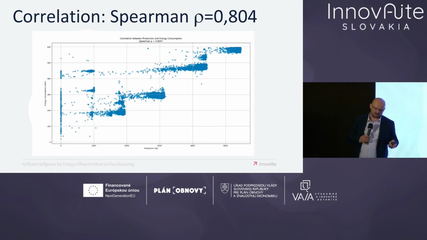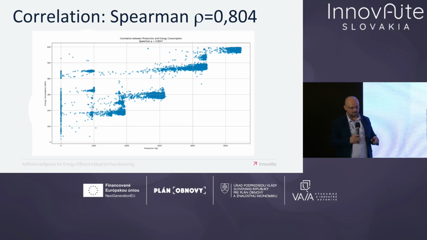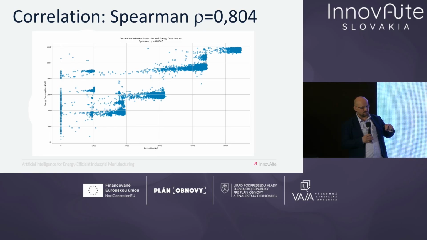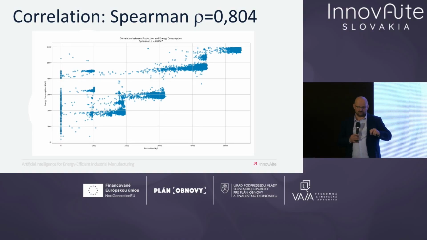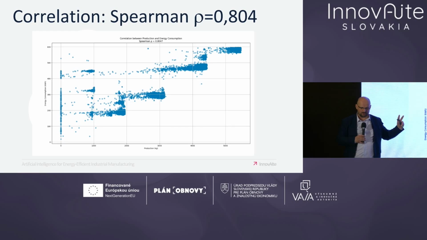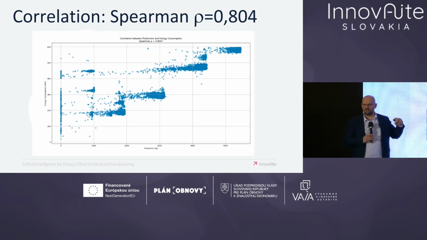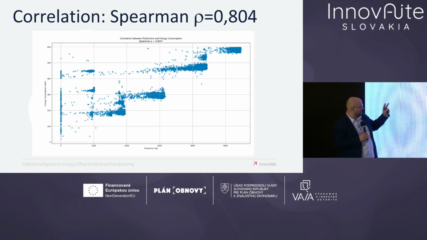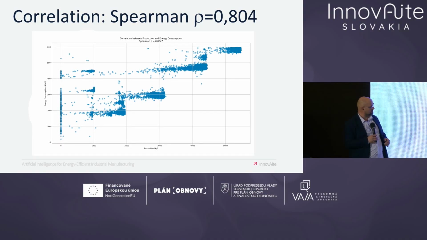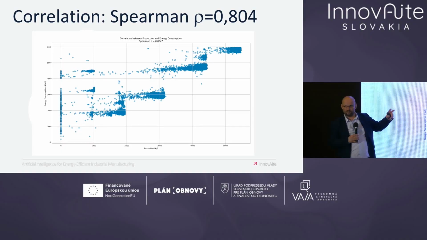In this case, the correlation value is 0.8, which is not bad, but maybe it could be better. What it's telling us is that the consumption doesn't only depend on the number of square meters produced, but there is something missing. So we would need to add further reference vectors to improve the data.